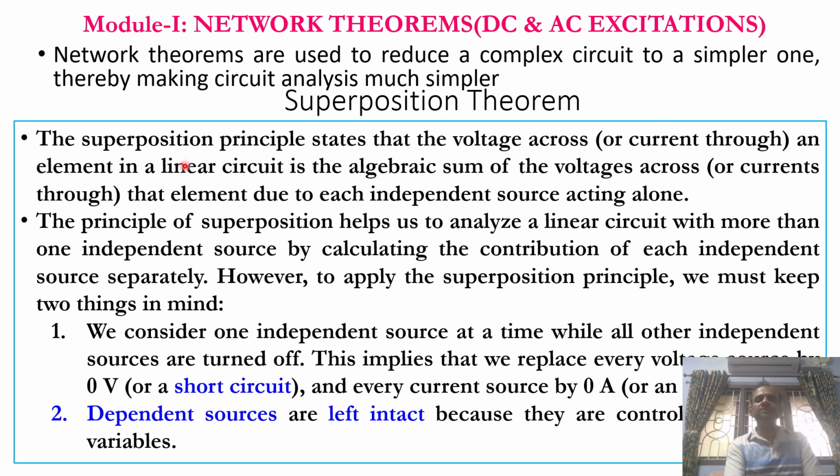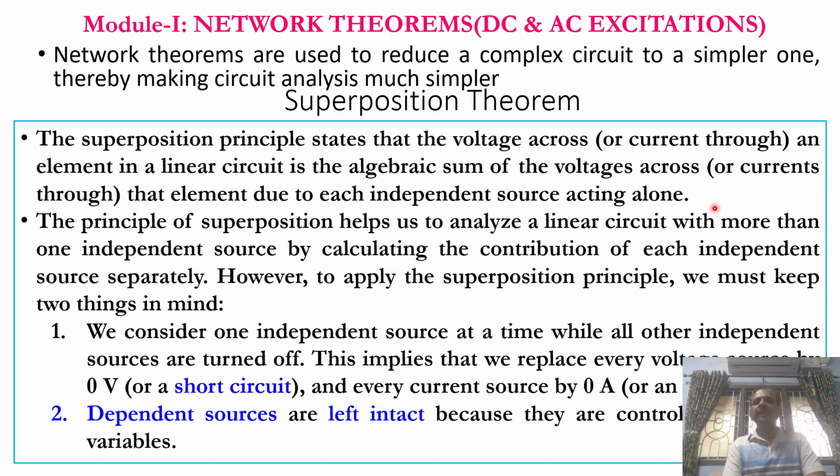The superposition principle, which is the base of the superposition theorem, states that the voltage across or current through an element in a linear circuit is the algebraic sum of voltages or currents through that element due to each independent source acting alone.